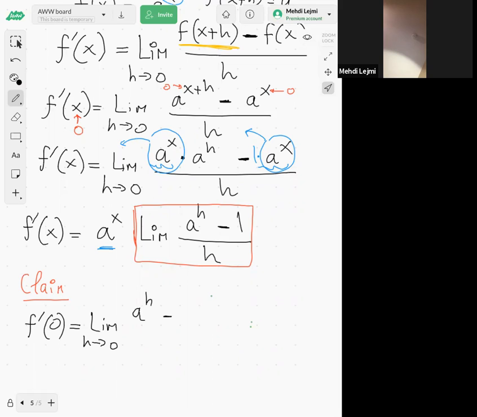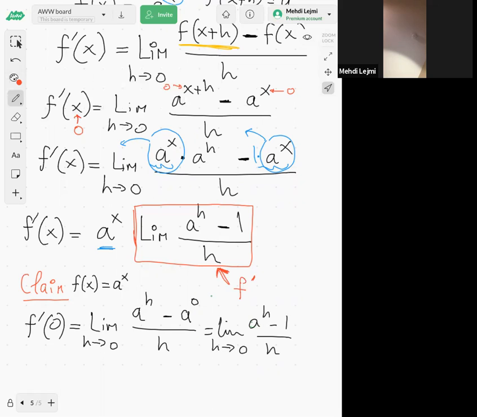My f of x is a to the x, so f of 0 is a to the 0. Over h, that's exactly the limit as h goes to 0 of a to the h minus 1 over h. So this limit here is exactly f prime of 0.